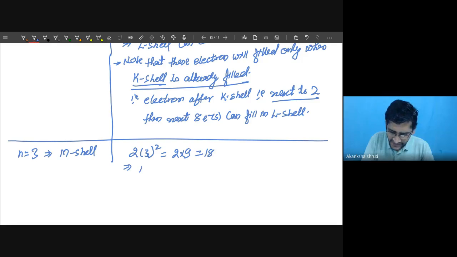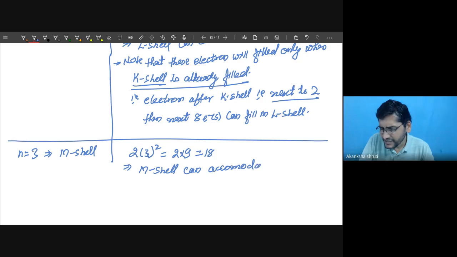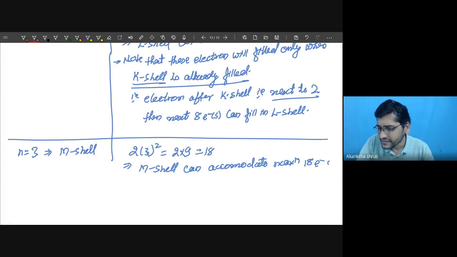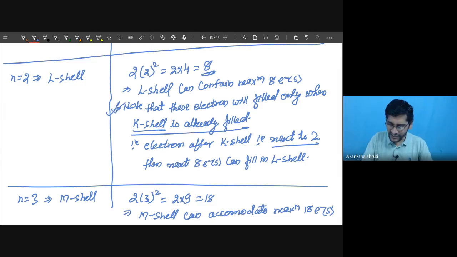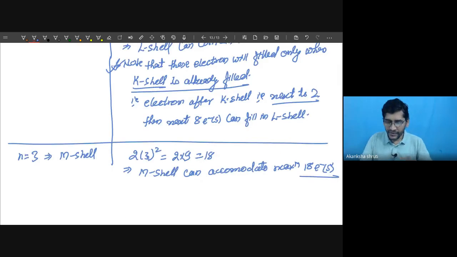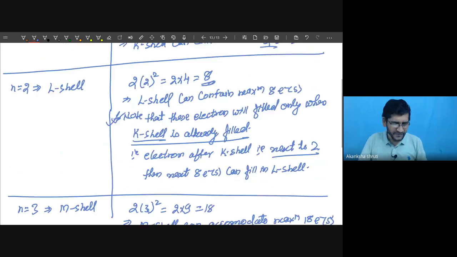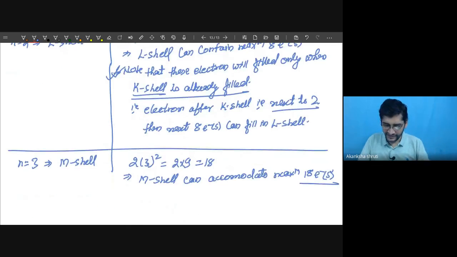So this implies the M shell can accommodate or contain maximum 18 electrons. It is this one. But students, again the point is that these 18 electrons will come only when both the K and L shells are filled.